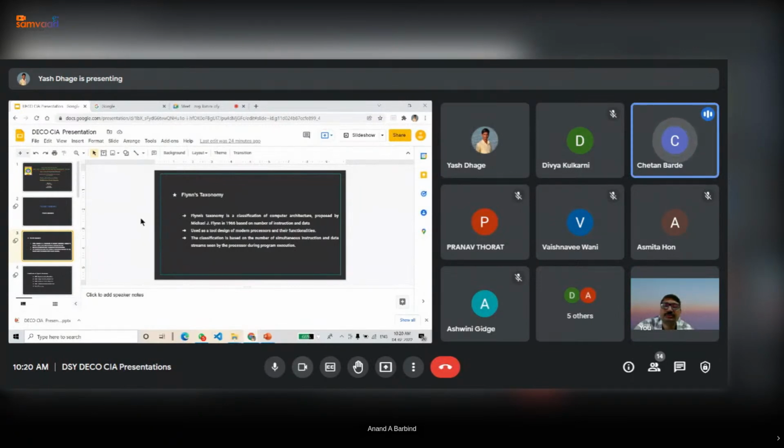Sir, online videos or LMS. Multiple instruction, multiple data.